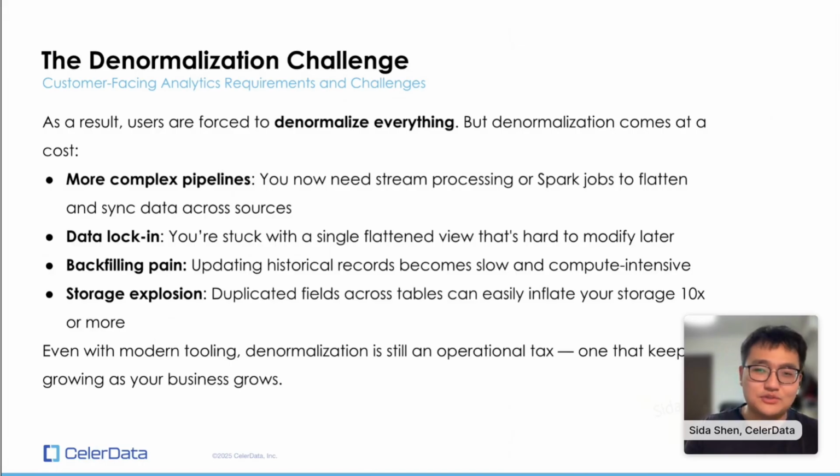Not only you have to change that one column, right? But you have to do data backfilling for the entire flattened wide table as well, right? A lot of rows, a lot of backfilling, data backfilling pain, right? And now you're stuck in a single view format that is very, very difficult to update later, right?